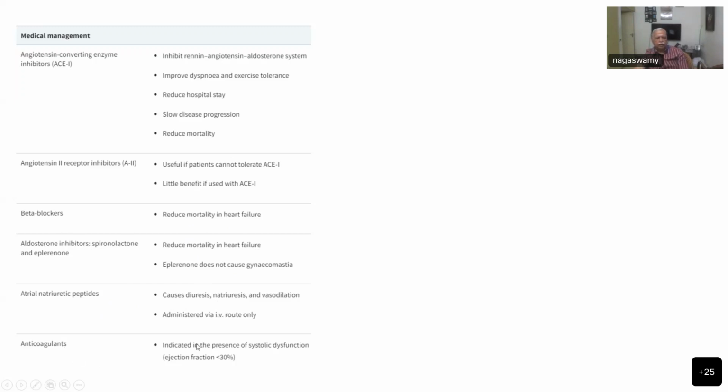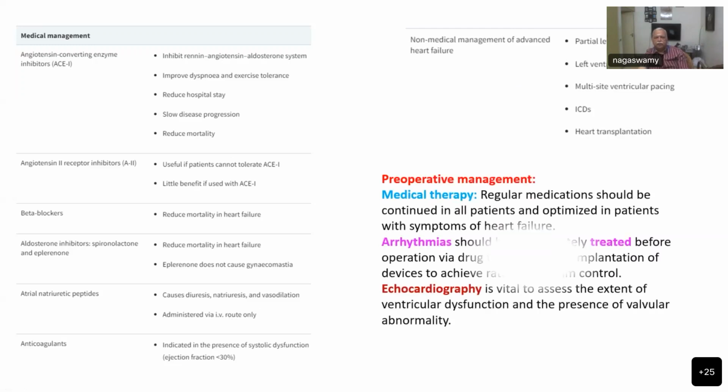Anticoagulants are also given sometimes, indicated in the presence of systolic dysfunction and if there is an intracavity thrombus. So all these drugs are commonly given, but in non-medical management, the patient could have already had a partial left ventriculectomy, and ICD placement and other supportive devices may be there.